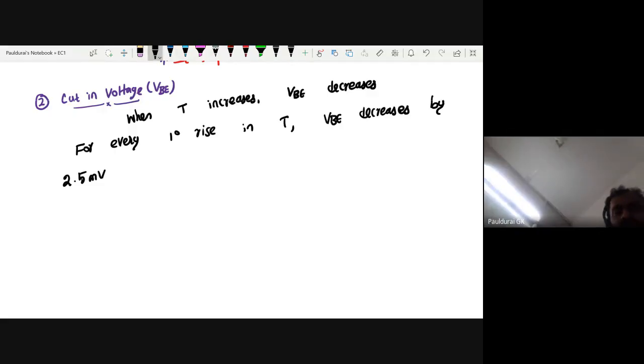Suppose I want to write it in terms of an equation: the change in VBE with respect to temperature is equal to 2.5 millivolt per degree Celsius. The unit for voltage is millivolt, and for temperature, per degree Celsius.